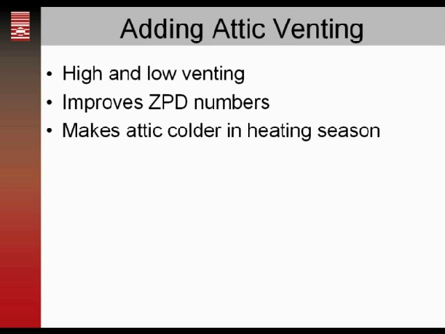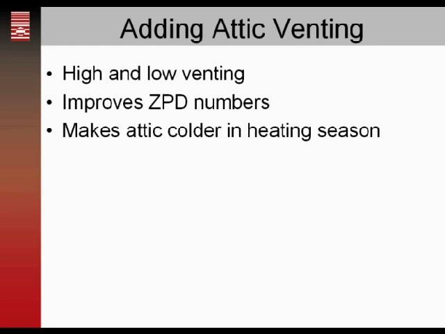So in order to keep the attic at similar temperature and relative humidity levels to the outside, to help prevent these ice dam issues and durability issues in attic spaces, it's important to have both high and low venting if you want to keep the attic space at close to the same temperature and relative humidity as outdoors.